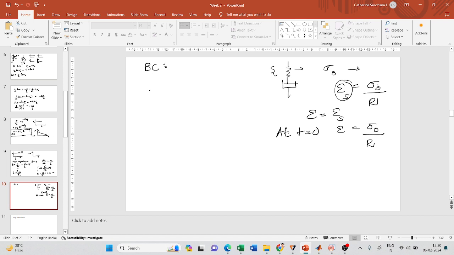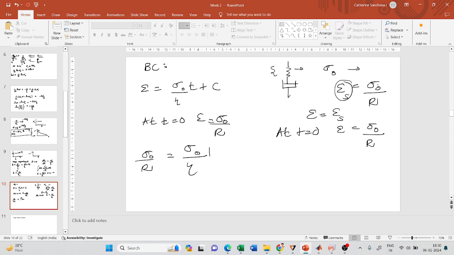So let me substitute in this equation. Epsilon is equal to sigma naught divided by eta into t plus c. At t equals 0, epsilon is equal to sigma naught by r. So sigma naught by r is equal to sigma naught by eta into 0 plus c.